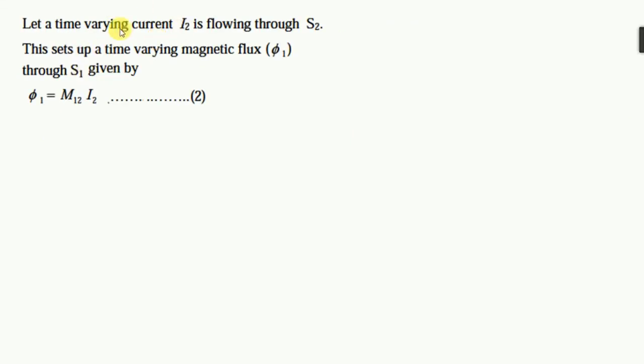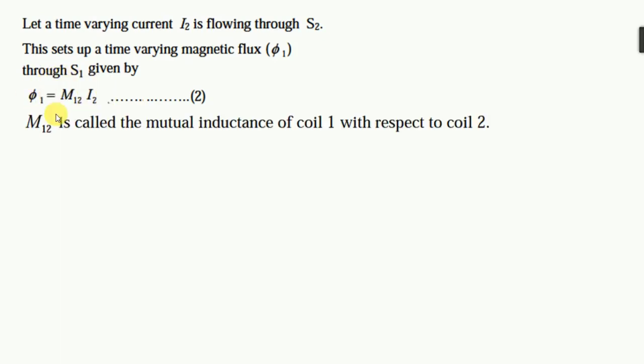Now if we change the current through solenoid number 2, the flux through solenoid number 1 will change, and the relationship between flux and current is given by phi 1 is equal to M12 I2. So this is the first expression we have discussed. M12 is the mutual inductance of coil 1 with respect to coil 2.